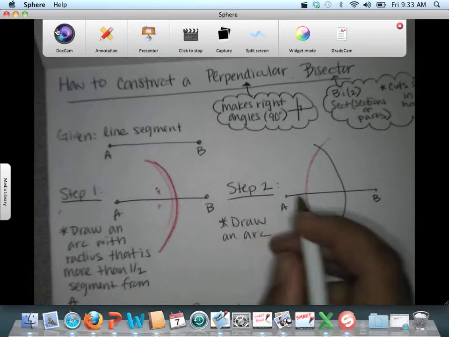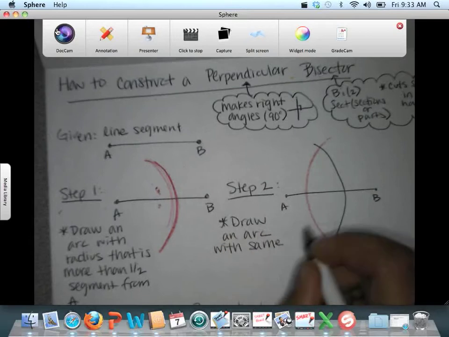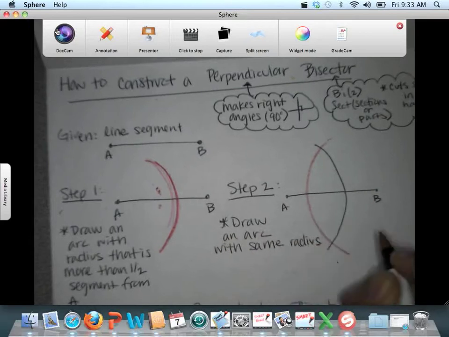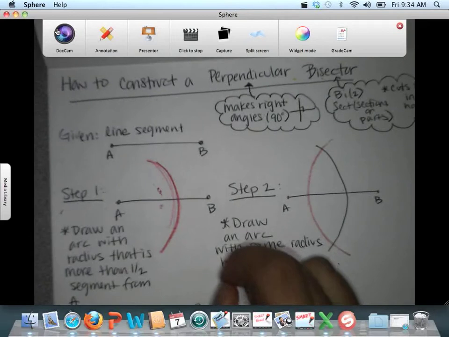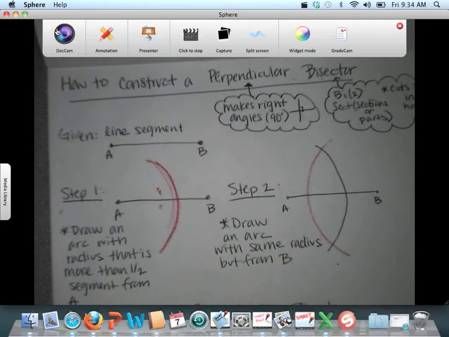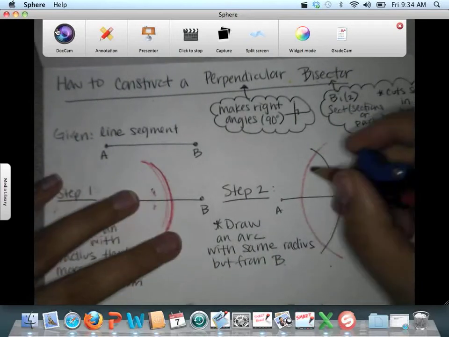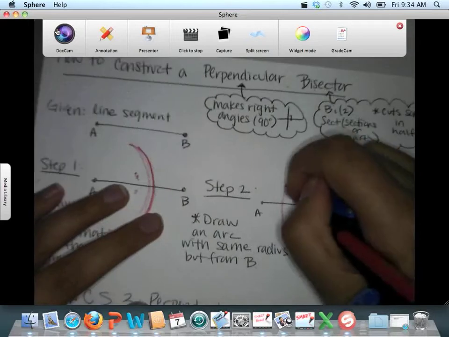So you're going to draw an arc with the same radius, but from B. You just do it on the other side here. I'll make it darker so you can see it better.